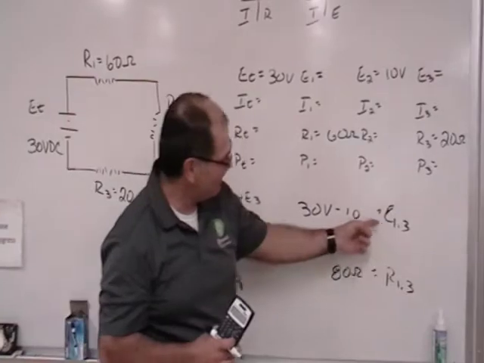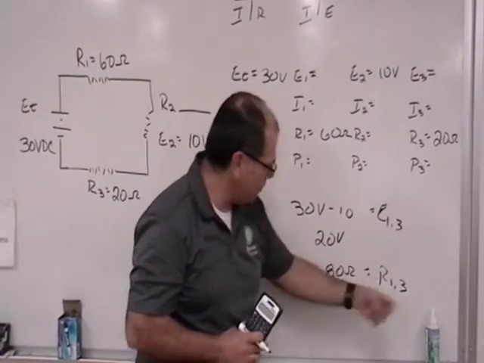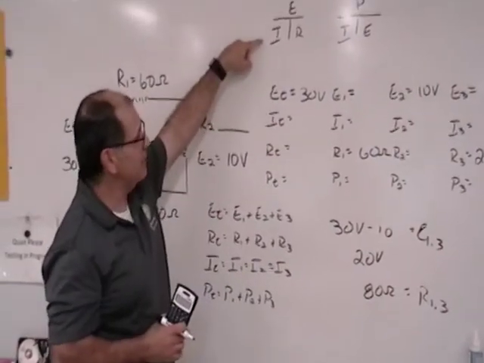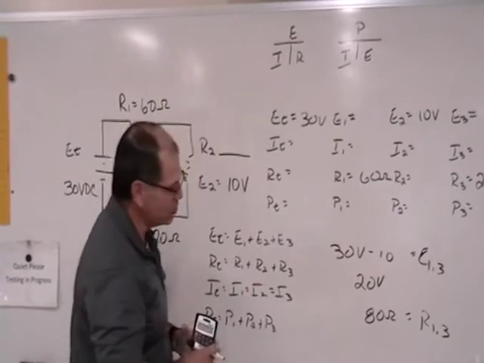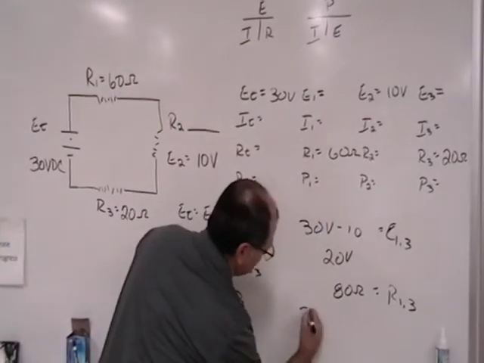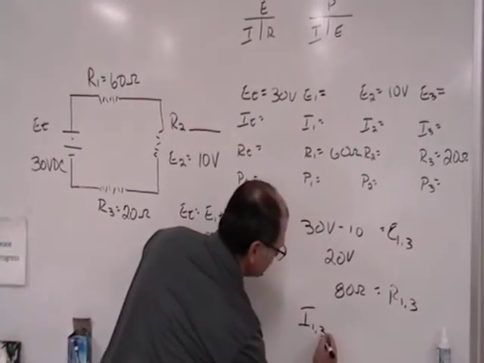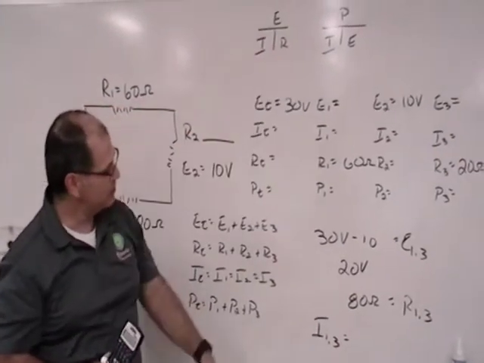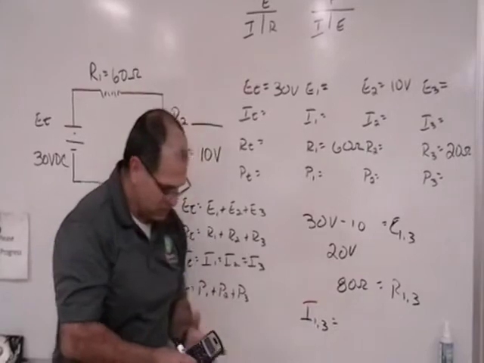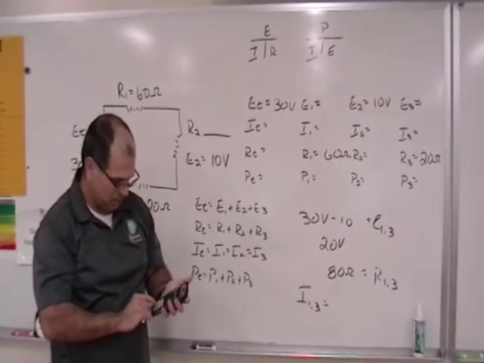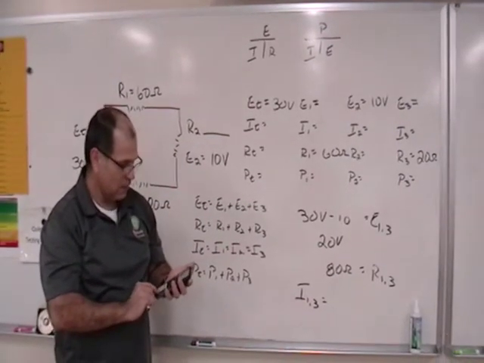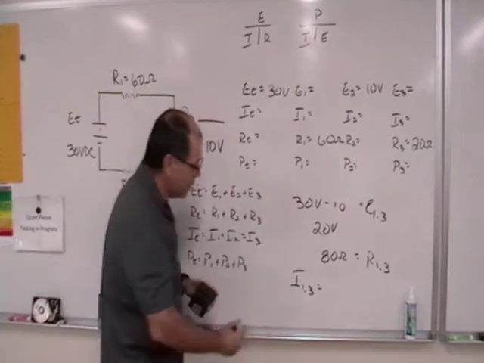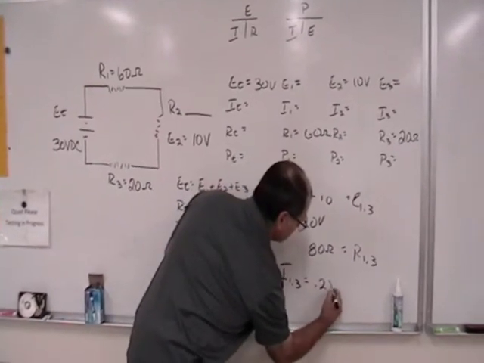So if I have E13 and R13, based on Ohm's law now, I can solve for I13, which is then the voltage divided by the resistance. In this case, 20 volts divided by 80 gives me 0.25 amps.